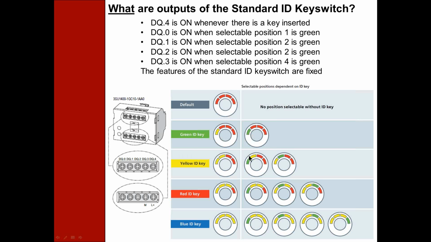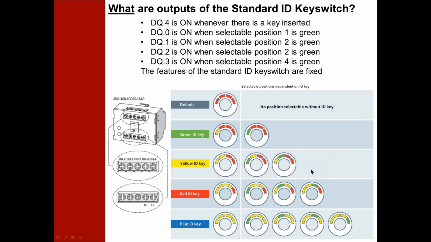Then as you turn on the key positions, so when there's a green light on your key positions, position 1, when it's green, turns on output 0. Position 2 turns on output 1, position 3 (I had a typo there) would turn on your output 2, and position 4 would turn on your output 3. So there is a little bit of an offset there because it starts at 0.